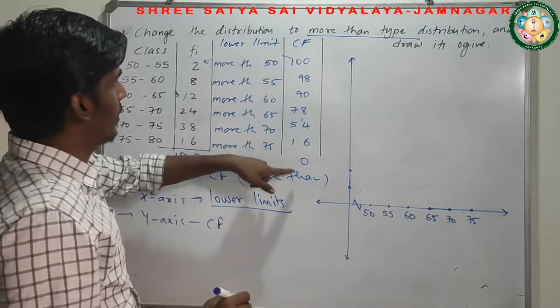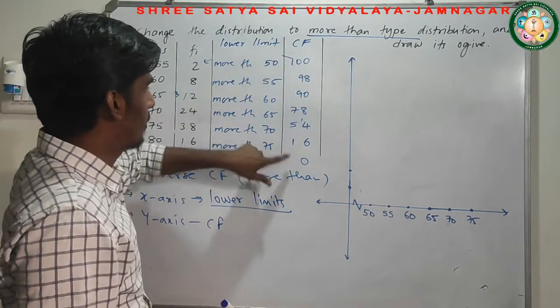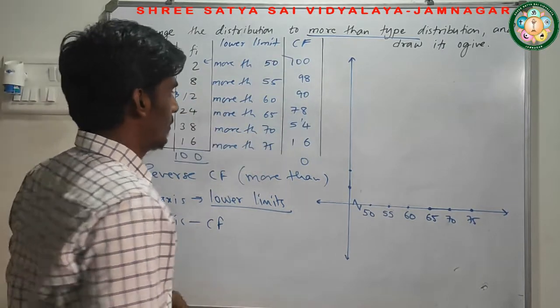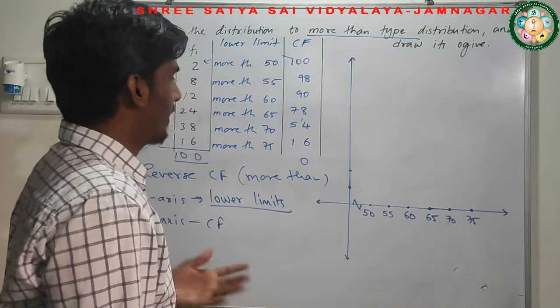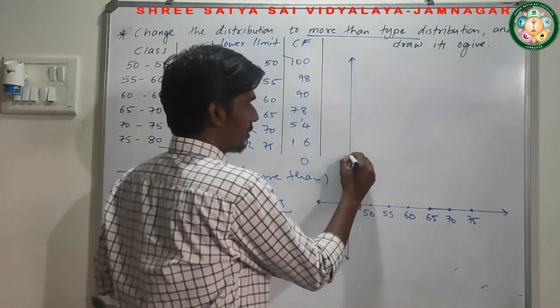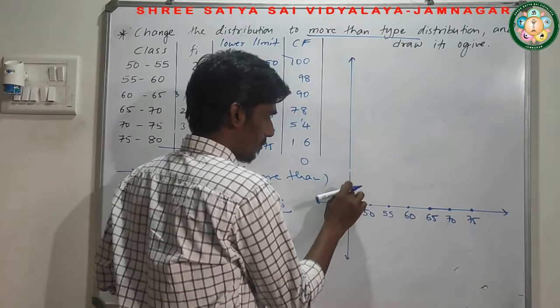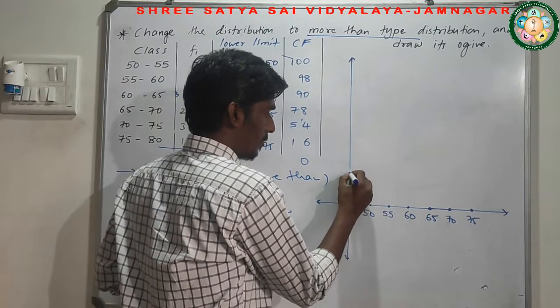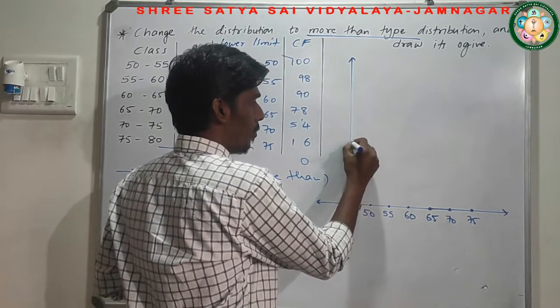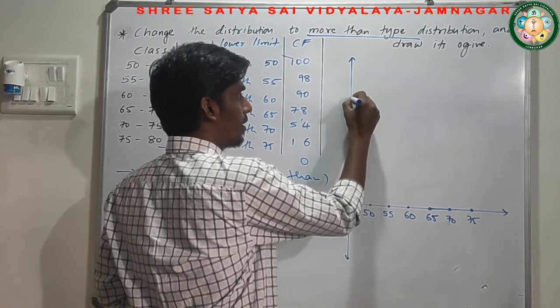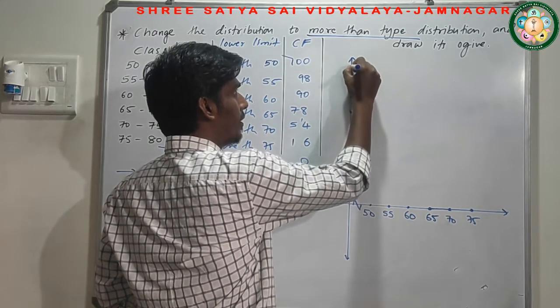Now on this one, what is the highest frequency here? It's 100 and the lowest one is 16. So better to take 10, 20, 30, 40, 50, 60, 70, 80, 90.